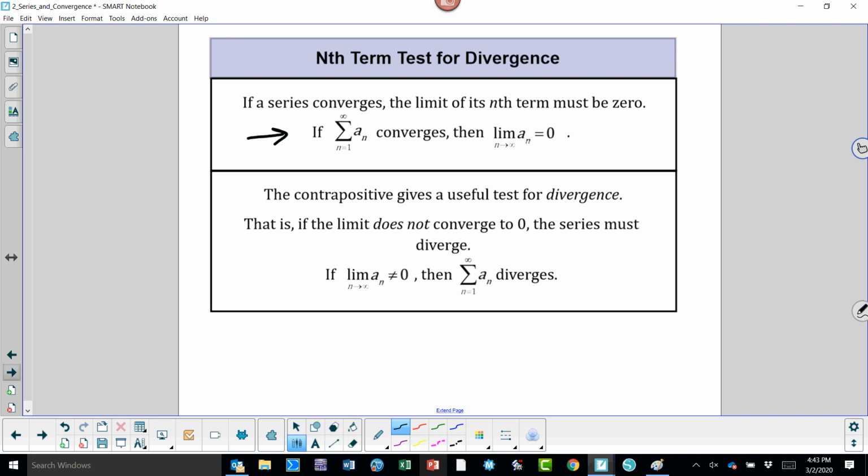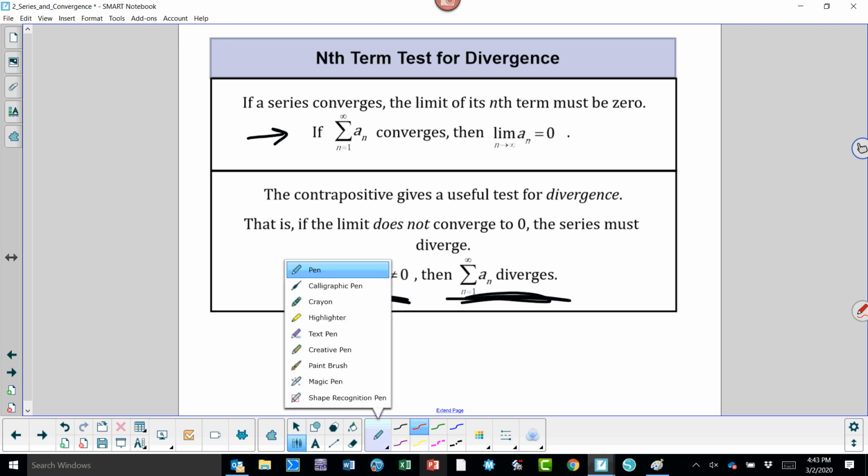Well, the contrapositive of a statement is also true. It's logically equivalent. So this is an if-then statement. The contrapositive is if not the then part, then not the beginning, okay? So if the limit is not 0, then the series must diverge, okay?